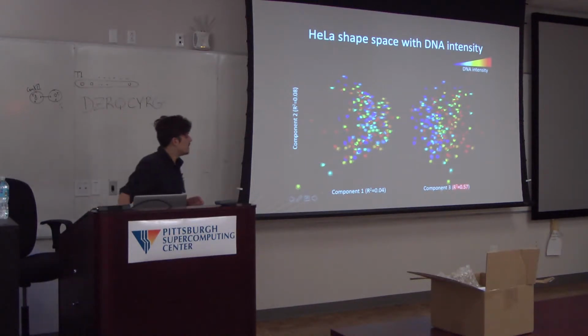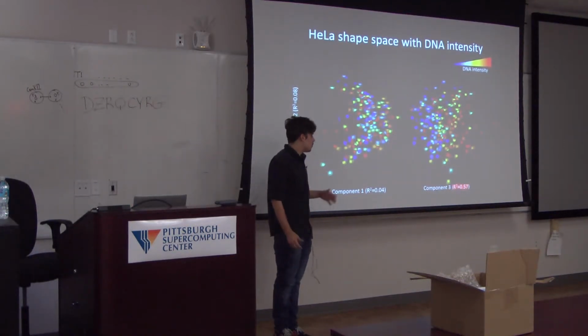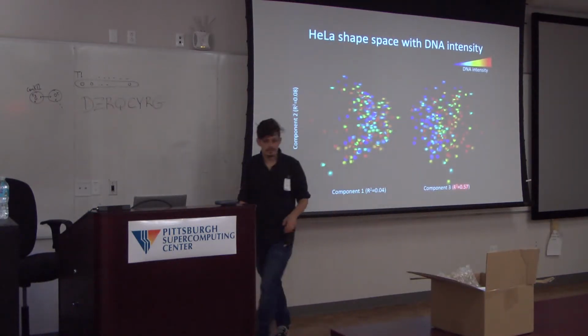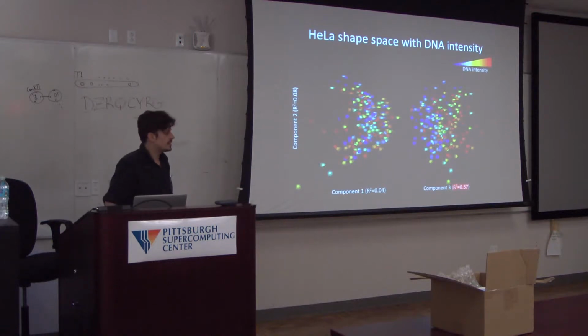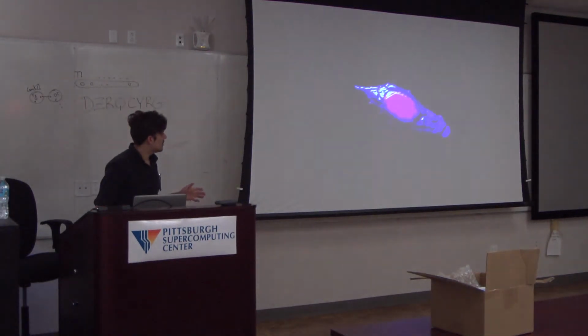And we can see the third shape dimension corresponds very strongly, or relatively very strongly, with DNA intensity, which is useful for, in an automated manner, determining how different components of cell morphology and biochemical compartments correlate with cell shape. You guys have seen this video several times, so I'm going to skip over it.